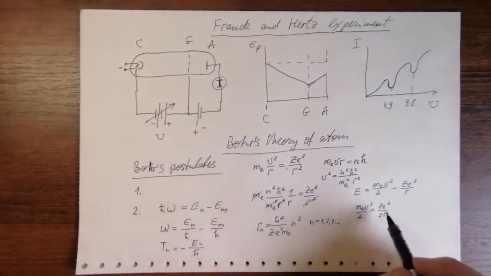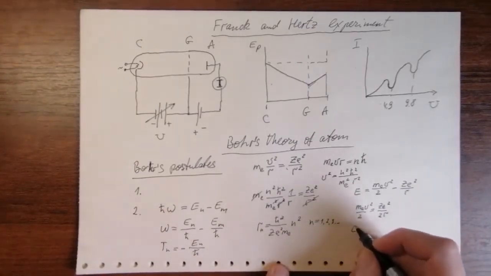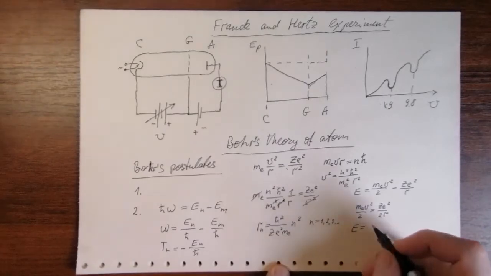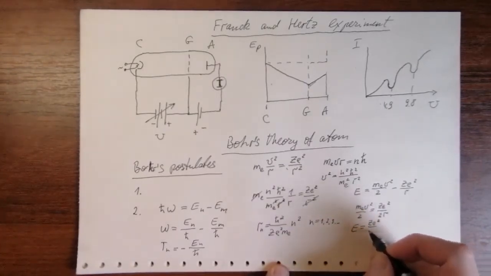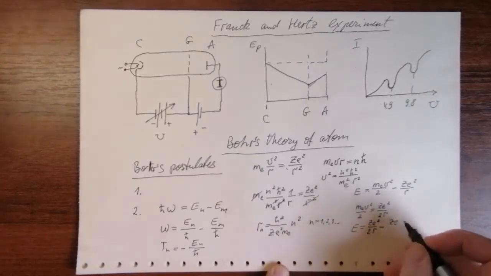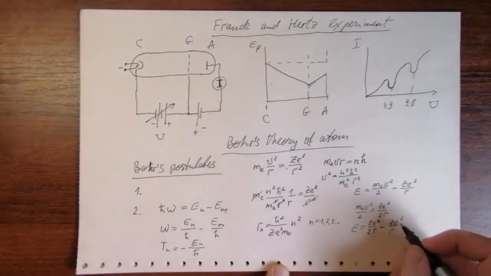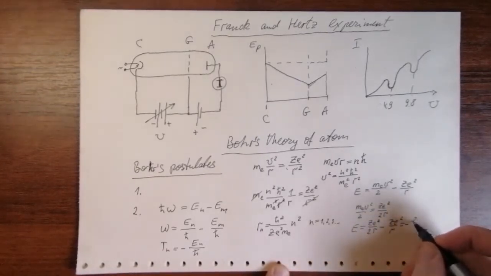And if we substitute this here, so we have that E is z e squared over 2r minus z e squared over r, and this is equal to minus z e squared over 2r.